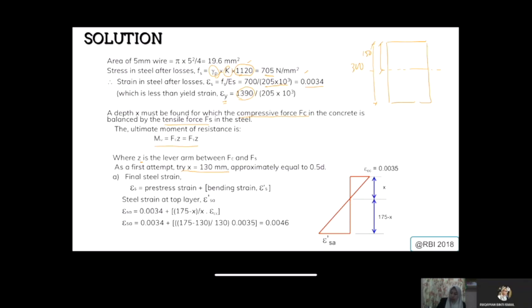So they will be at the center. But this is your x value that you want to determine. So in general, your x can vary.